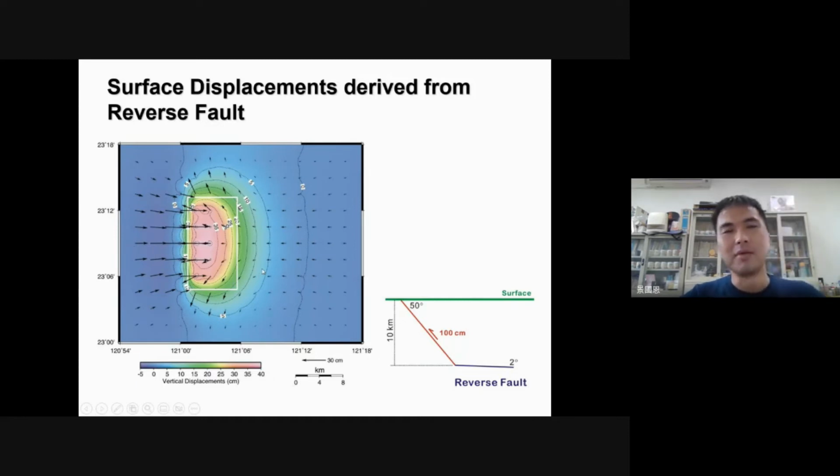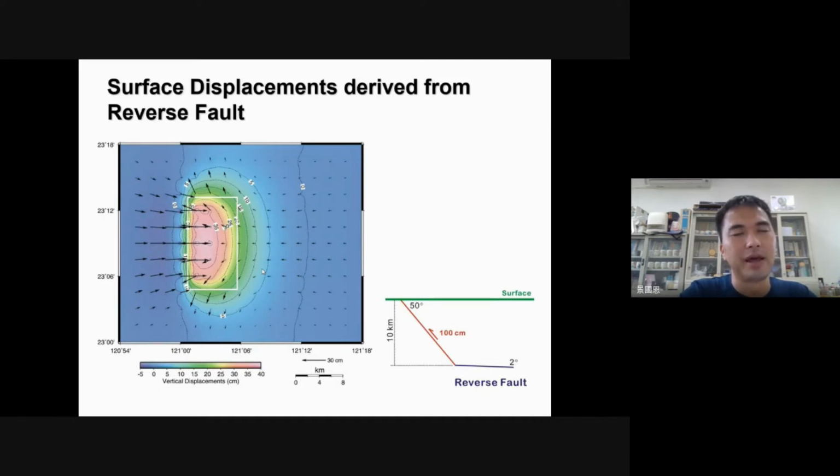So many people told me that if we know it is a reverse fault or thrust fault, then based on the monitoring results, we could always understand what kind of fault.